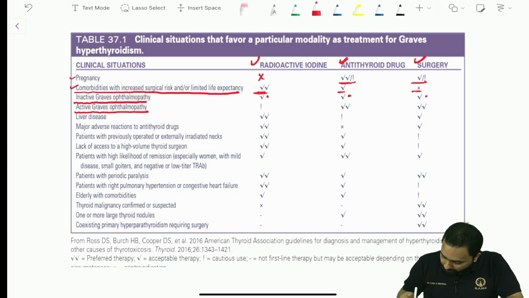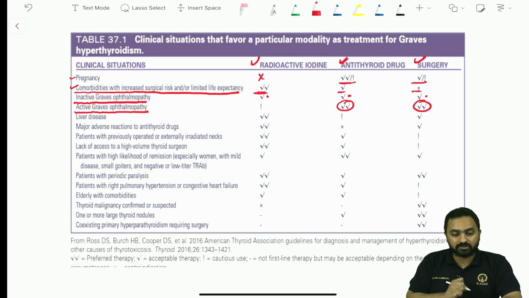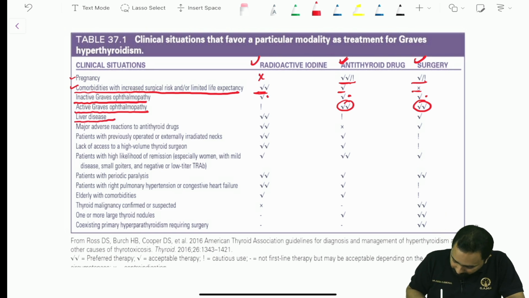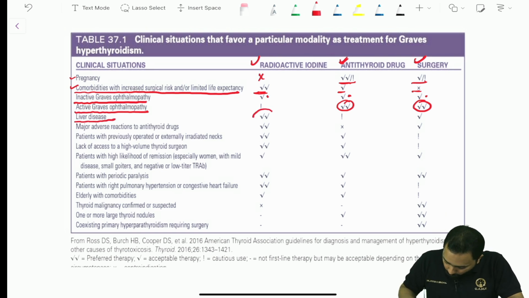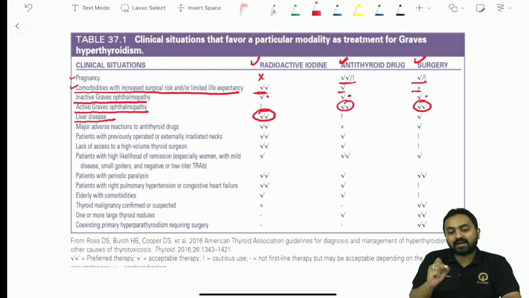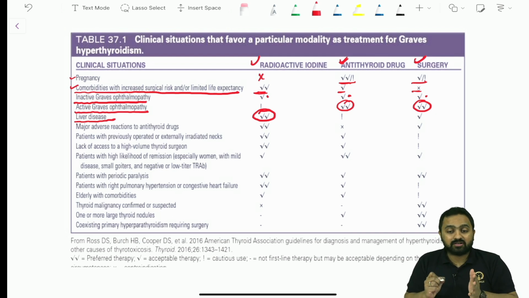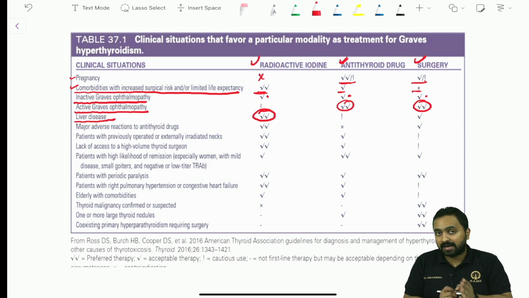What you do in active Graves ophthalmopathy is antithyroid drugs and surgery. Then you have liver disease. In liver disease, you go for radioactive iodine. Antithyroid drugs are not used and surgery is used, but radioactive iodine would be a better treatment plan if the patient has liver disease.